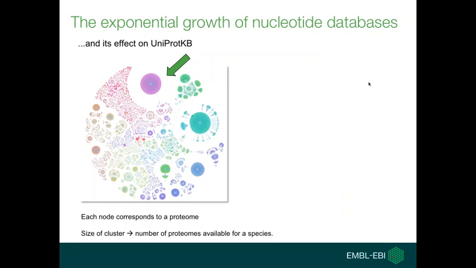We employed this redundancy minimization procedure, and I just wanted to show you a small visualization to see what the impact was. Each node here corresponds to a proteome, and the size of each cluster is the number of proteomes available for a species. This is a species with a large number of proteomes.